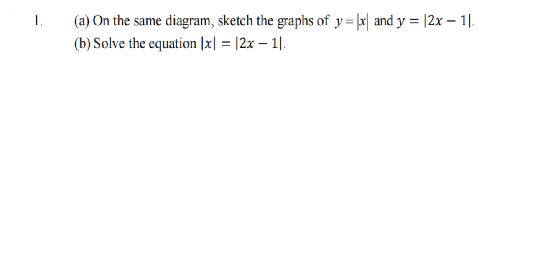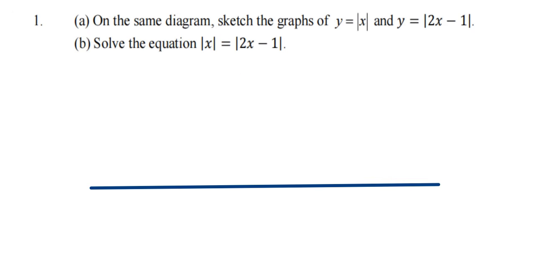We're told that on the same graph we are supposed to sketch the graph of y equals the modulus of x, and also the graph of y equals the modulus of 2x minus 1. Of course, a typical modulus is just the first equation, y equals the modulus of x.